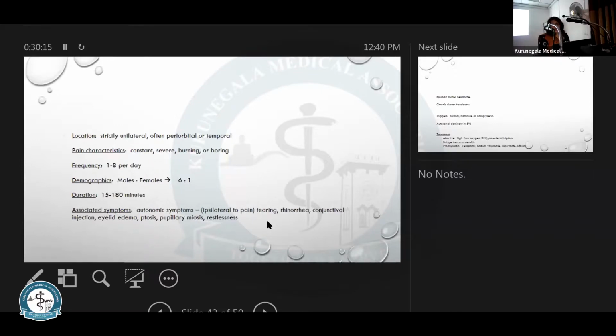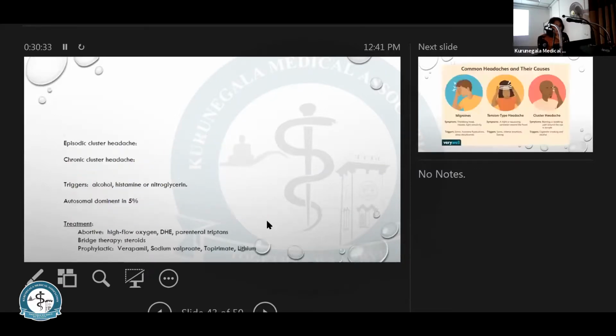The other differentiating feature from migraine is they can get multiple episodes per day. Migraine, usually it's a single episode per day, but cluster headaches, they can get multiple episodes lasting up to 8 per day. And the cluster headache again is divided into episodic and chronic clusters.